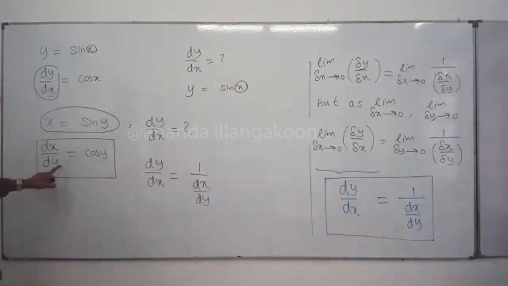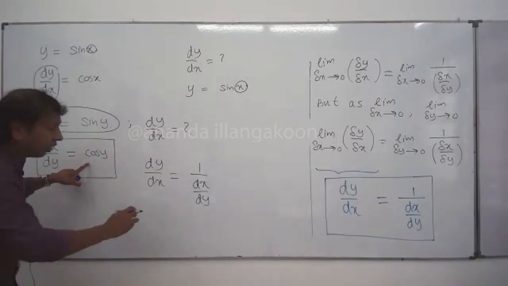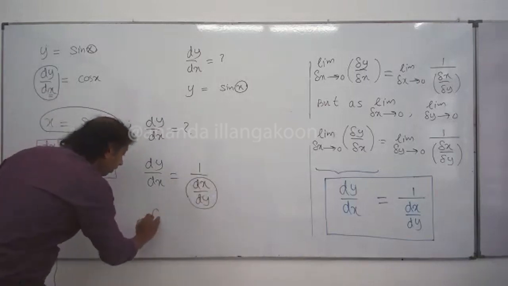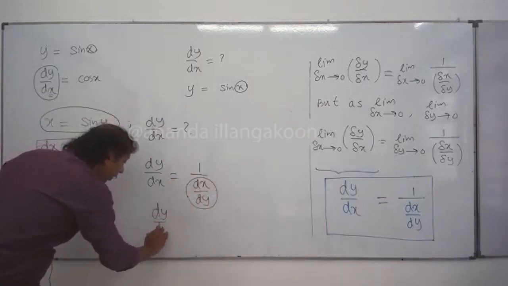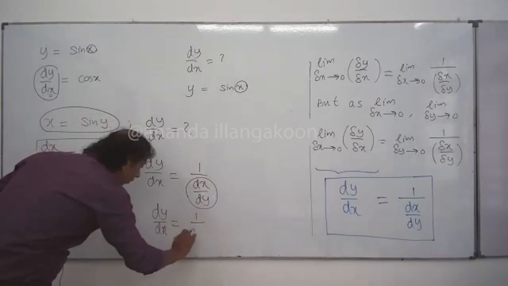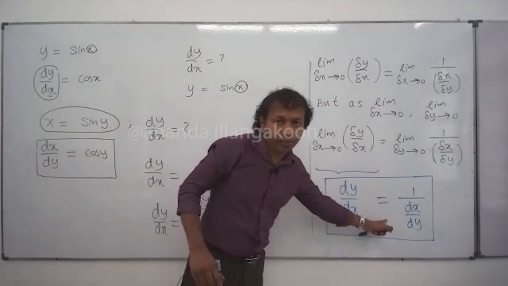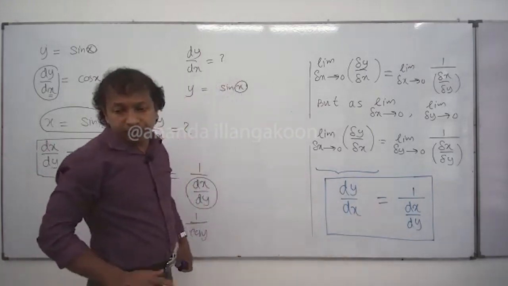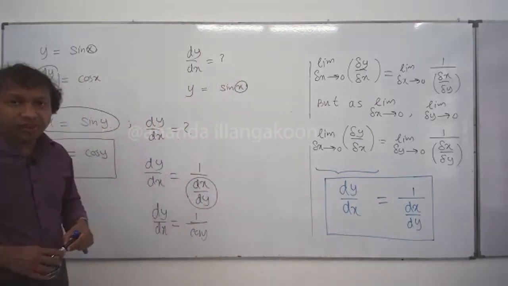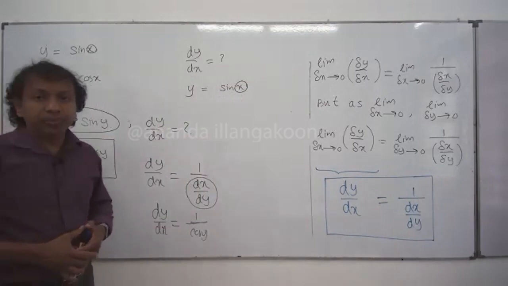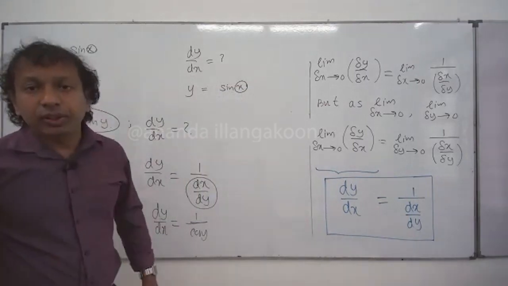But dx upon dy here we have as cos y. Putting that here, we can take the dy by dx. That sort of use we have in this formula. Understand? By using this, we can do some theorems.